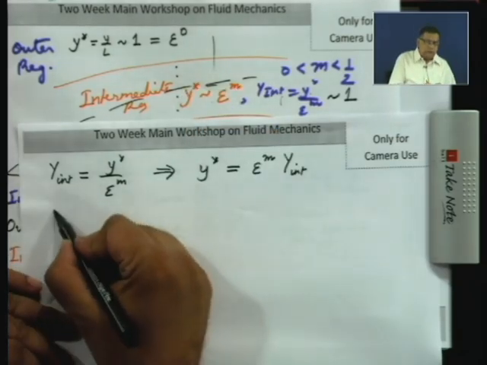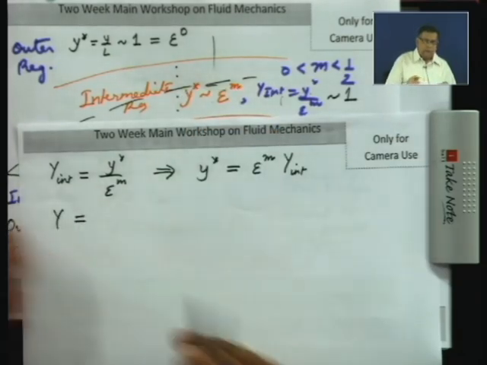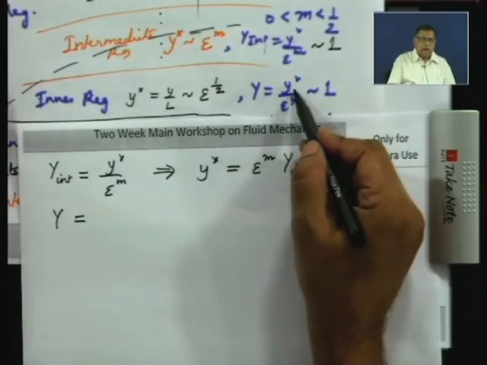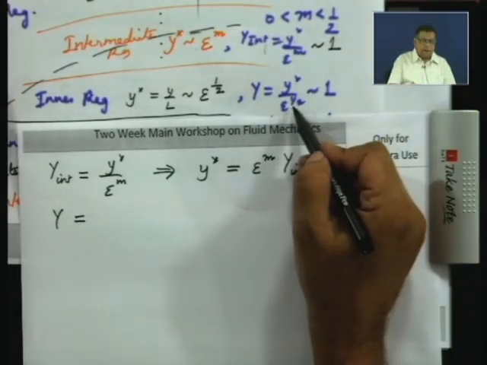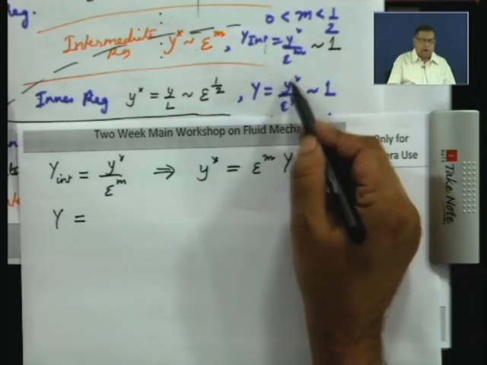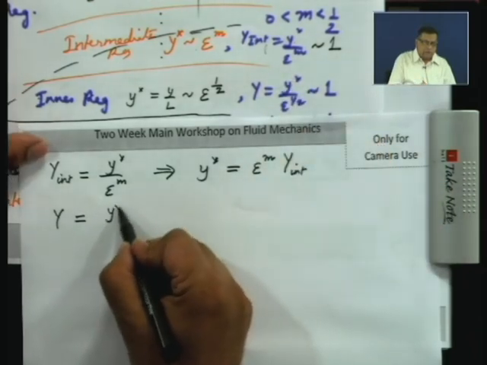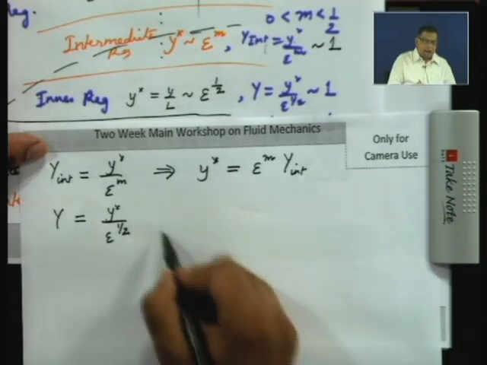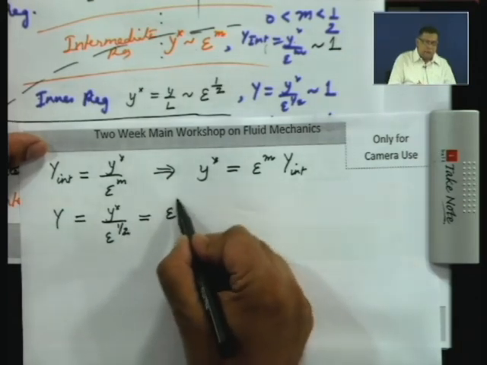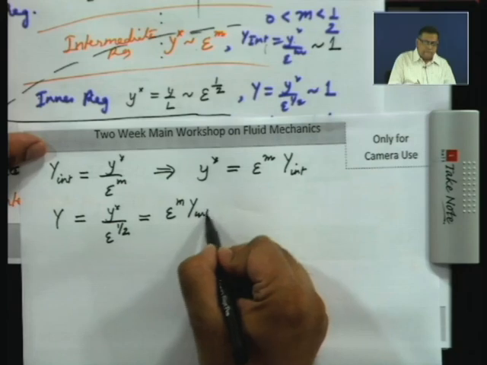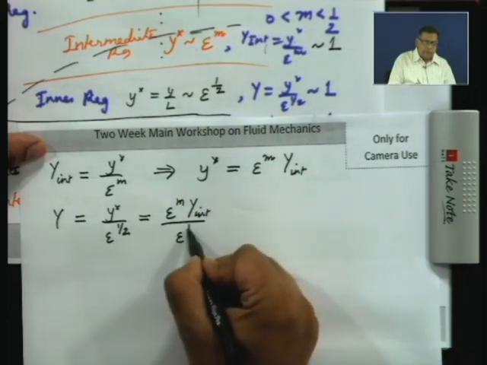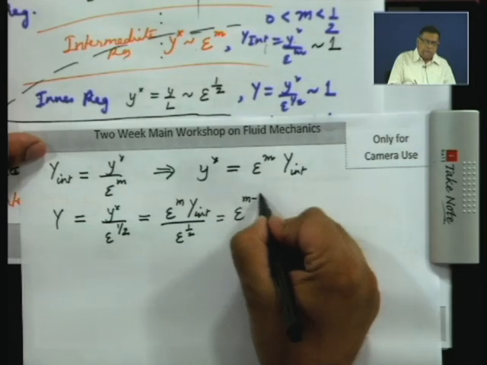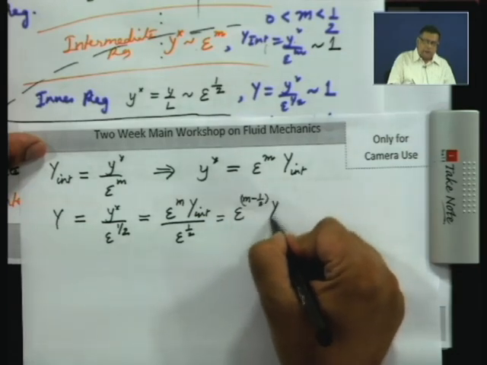Now, if you look at capital Y, this is as we have defined here y star by epsilon to the power half. It is a stretched coordinate which is order 1, y star is small. Now, y star we have shown is epsilon to the power m y intermediate, so capital Y is epsilon to the power m minus half y intermediate.